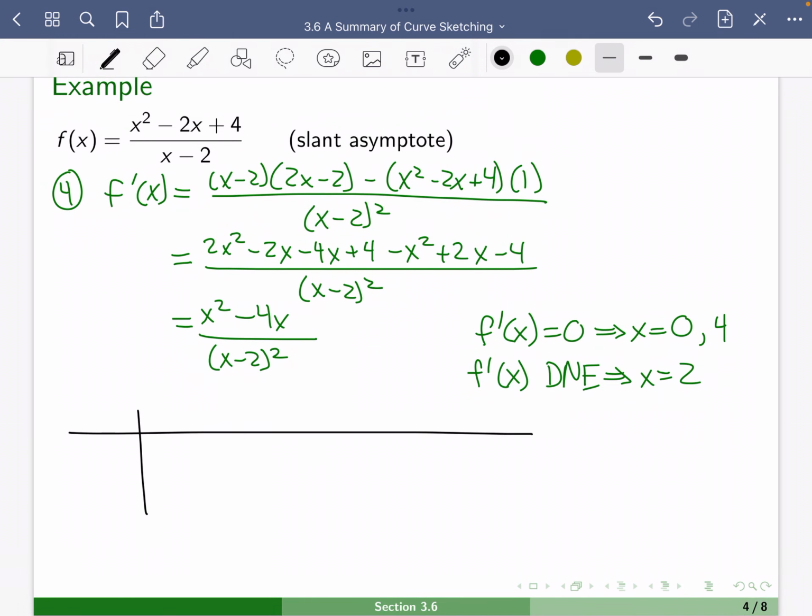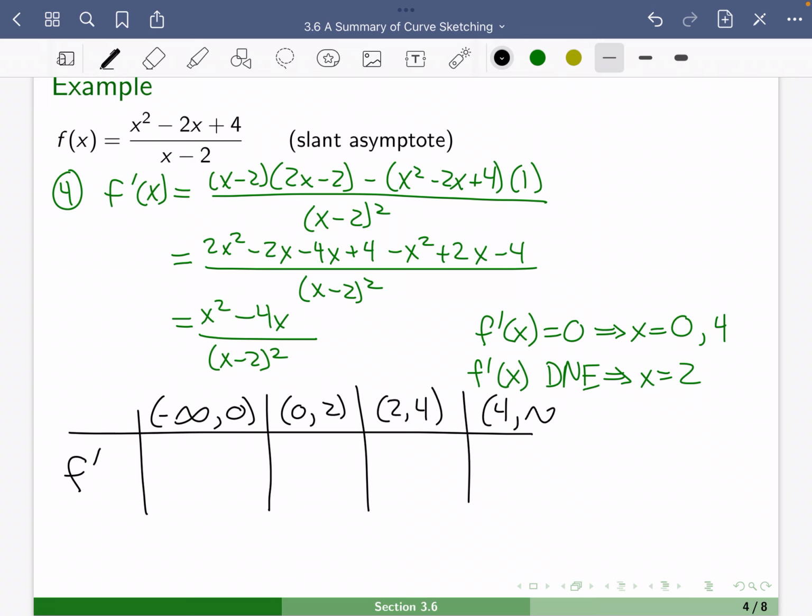So when we do a sign chart for our derivative, we're going to go from negative infinity up to 0. Then we'll go from 0 to 2, then from 2 to 4, and then from 4 all the way up to infinity.